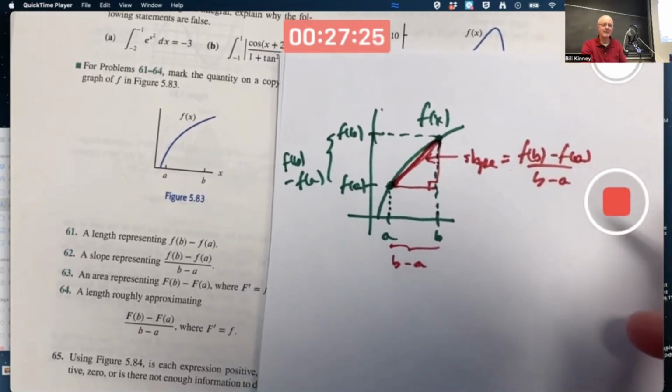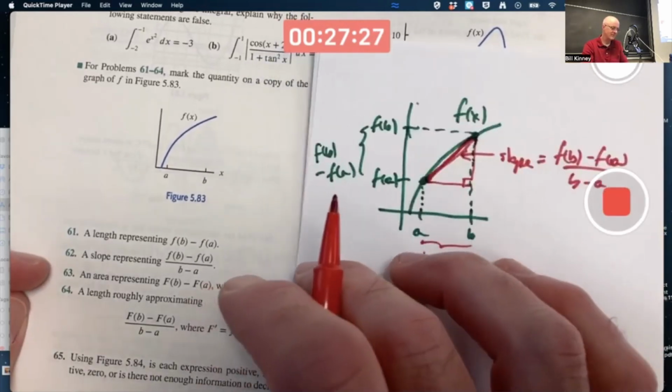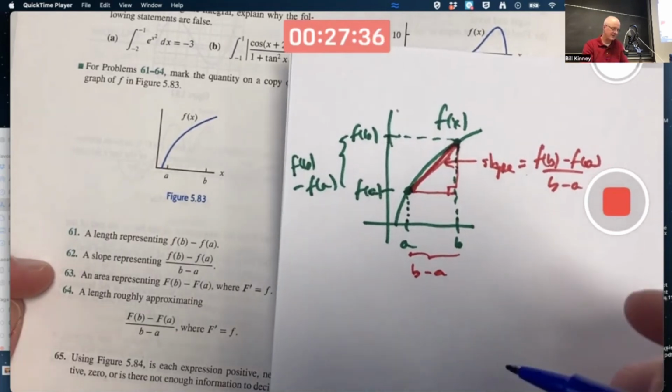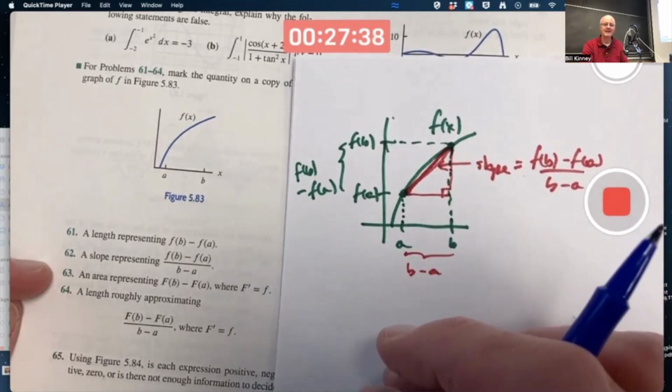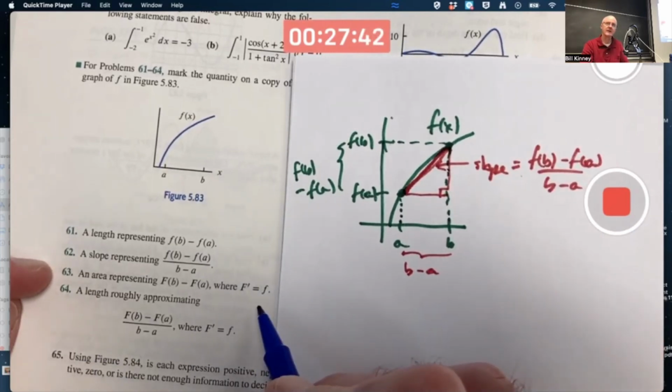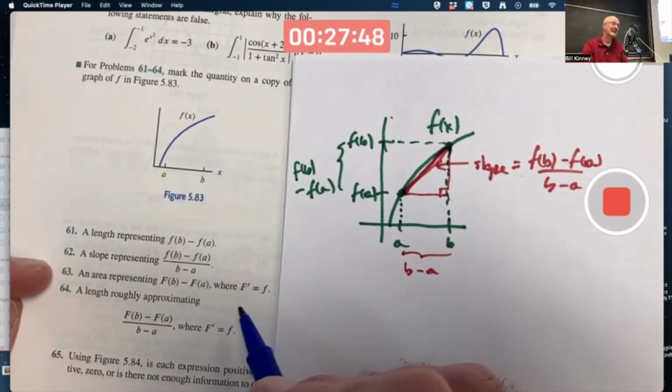We start getting into some actual calculus related to integrals and derivatives in problem 63. 63 says an area representing capital F of b minus capital F of a, where capital F prime equals little f. The derivative of capital F equals little f, meaning capital F is an antiderivative of little f.